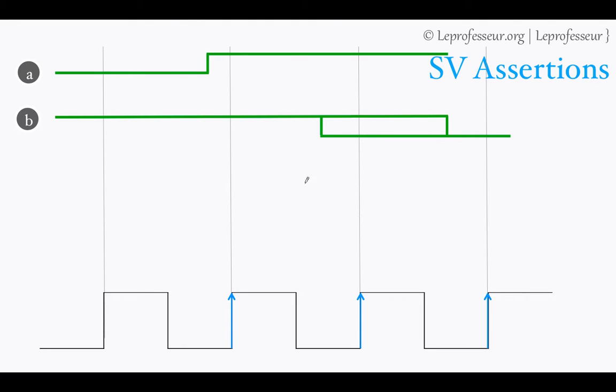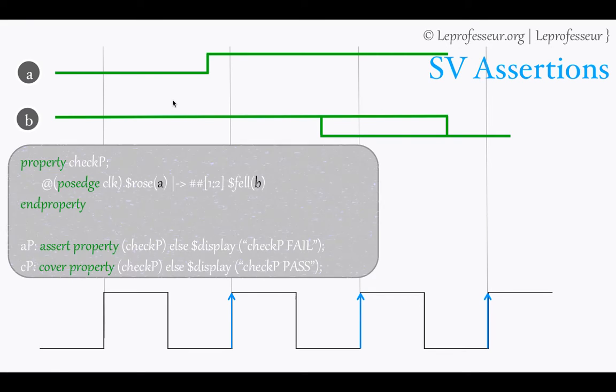We want to validate this behavior, and it is supposed to be true all the time. Very simple check, we can write it in two lines of code in SystemVerilog.